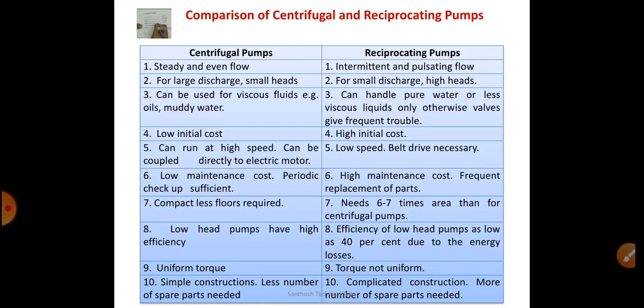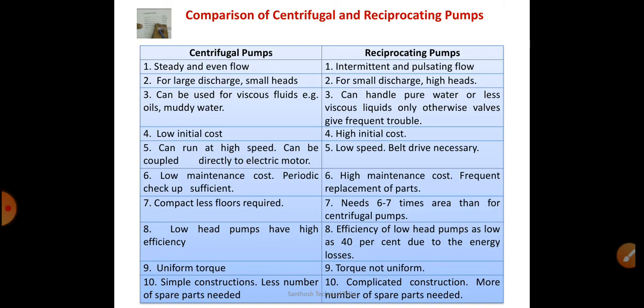The centrifugal pump is compact and requires less floor area, whereas the reciprocating pump needs 6 to 7 times the area of a centrifugal pump of the same capacity. In the centrifugal pump, low head pumps have high efficiency, whereas in the reciprocating pump, the efficiency of a low head pump can be as low as 40% due to energy loss.